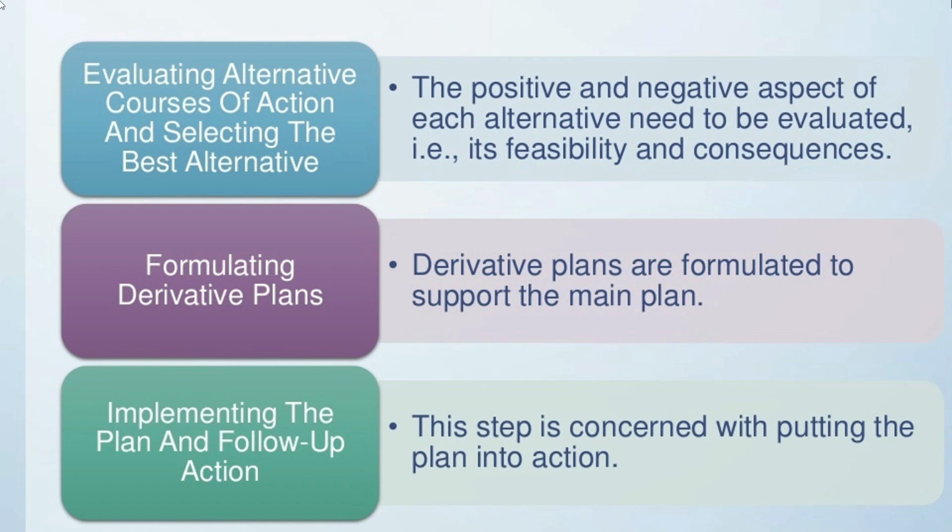Alternatives are evaluated in the light of their feasibility. Now, let's move on to the next one where we are going to talk about formulating the derivative plans. The best alternative is selected, but as such, there is no mathematical formula to select the best alternatives.